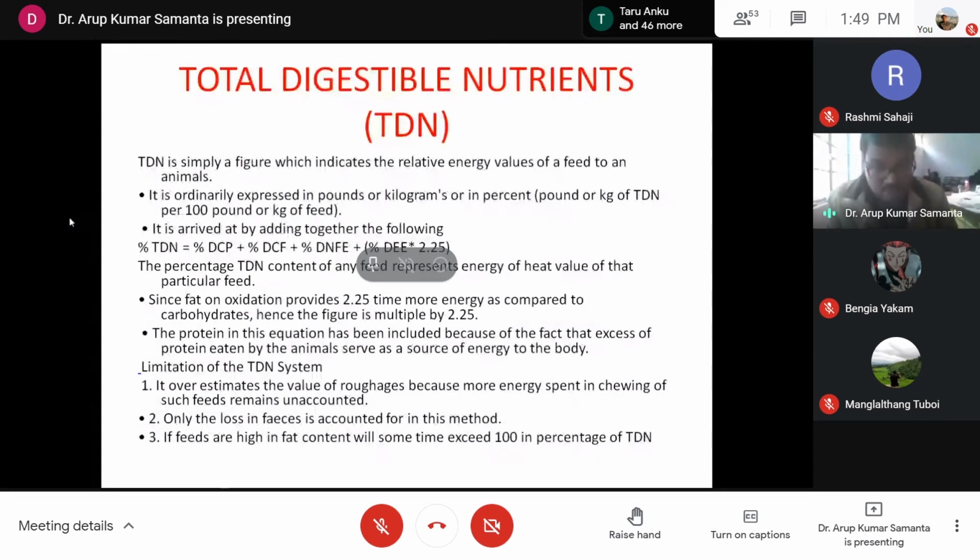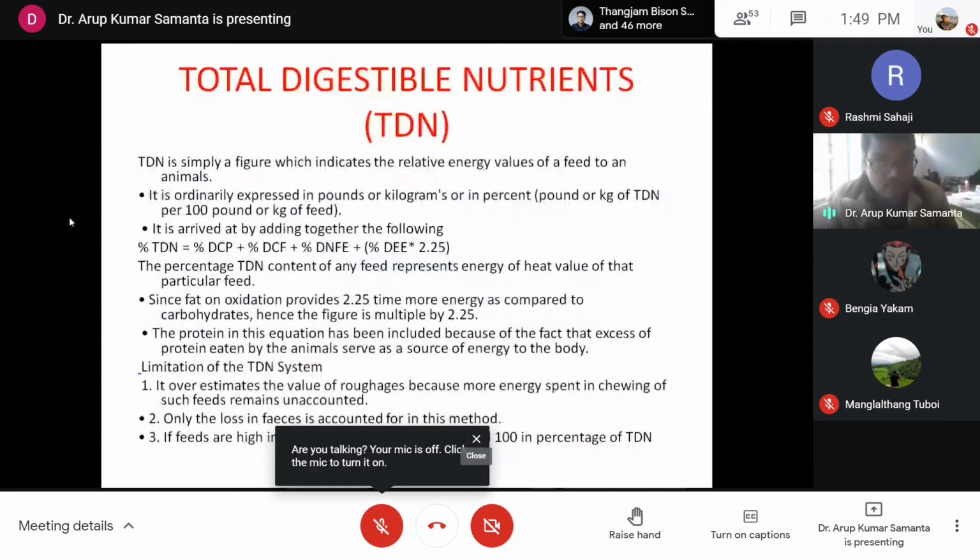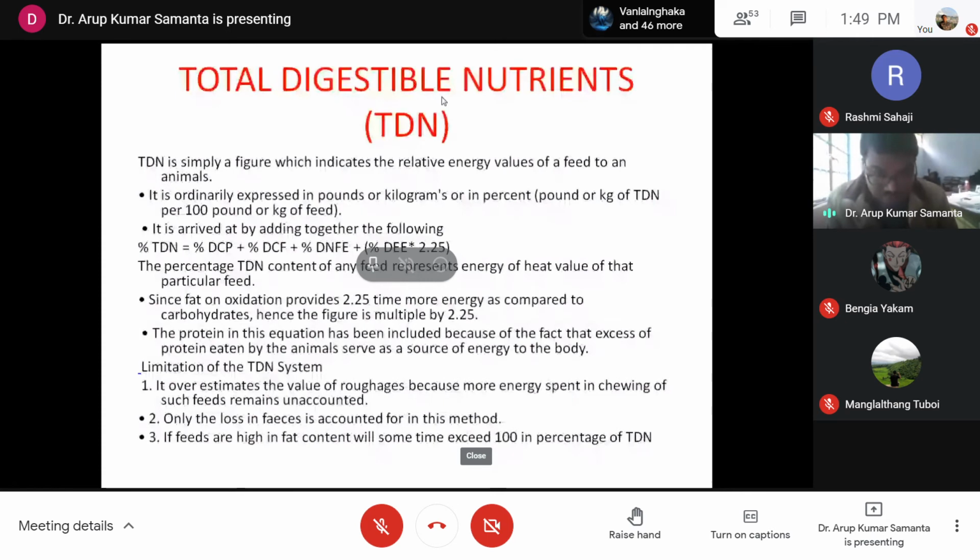It may be for cattle, buffalo, sheep, goat, pig, poultry. There you have to know what TDN is and how to express the energy value of that particular feed. So what is this terminology, total digestible nutrient, and what does it indicate? TDN is simply a figure which indicates the relative energy value of a feed to an animal.